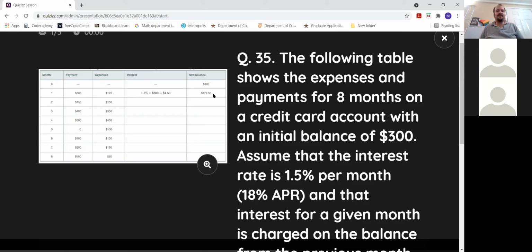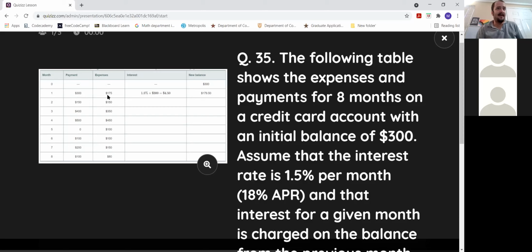So the problem asked a few different questions, but first thing we kind of got to do is fill out the table. So what's going in the spot? And maybe even look at how they're doing this first month, right? The new balance is 300. They made a $300 payment.